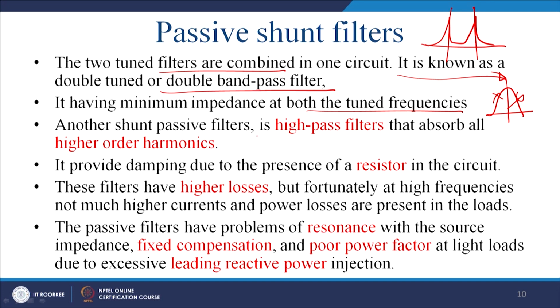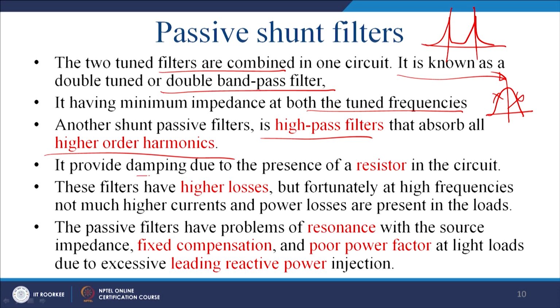Another shunt passive filter is the high pass filter. It absorbs all the higher order harmonics. Generally you put a very small capacitor, and this will take out all the switching harmonics, and thus you will have a smooth waveform.